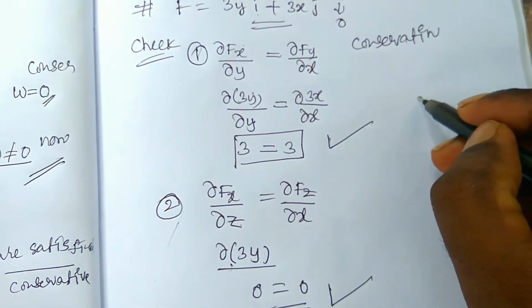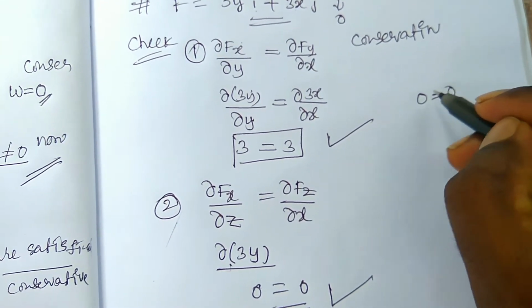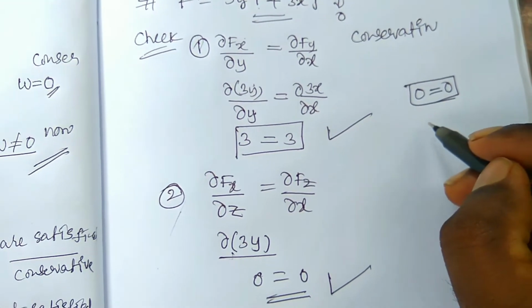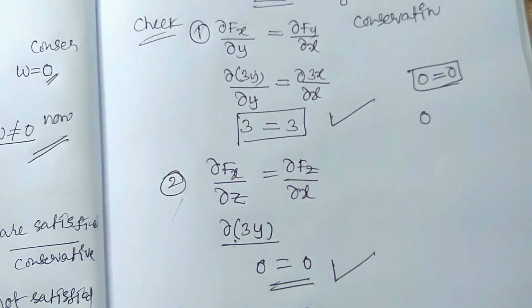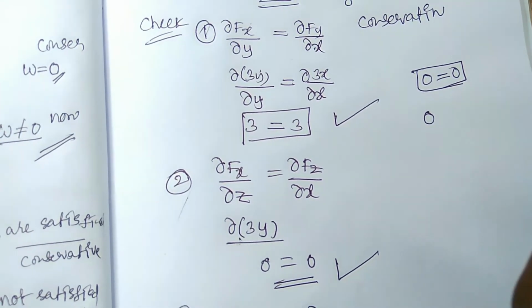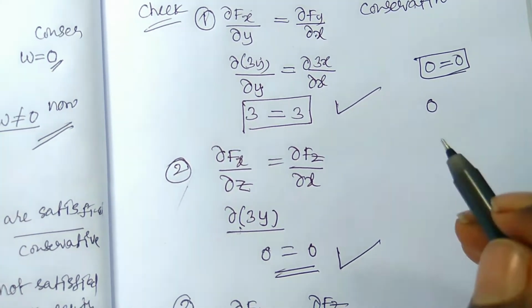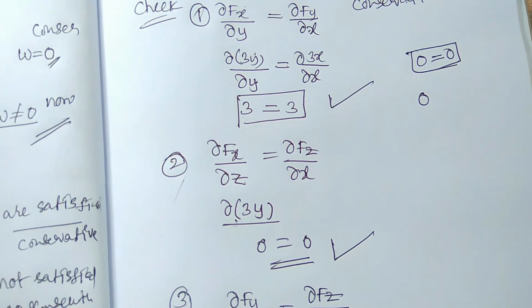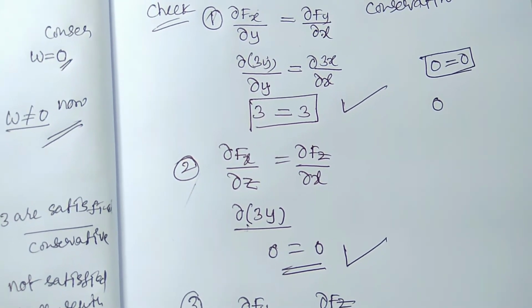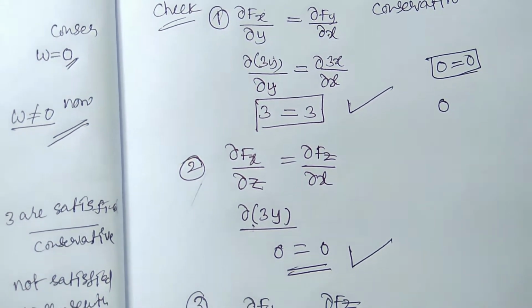So in the first case, all the conditions were 0 equals 0. But in the second case, all the conditions have LHS equal to RHS. Hence, what I am saying is, if LHS and RHS in all the conditions are equal, then only the condition will be satisfied. Okay.